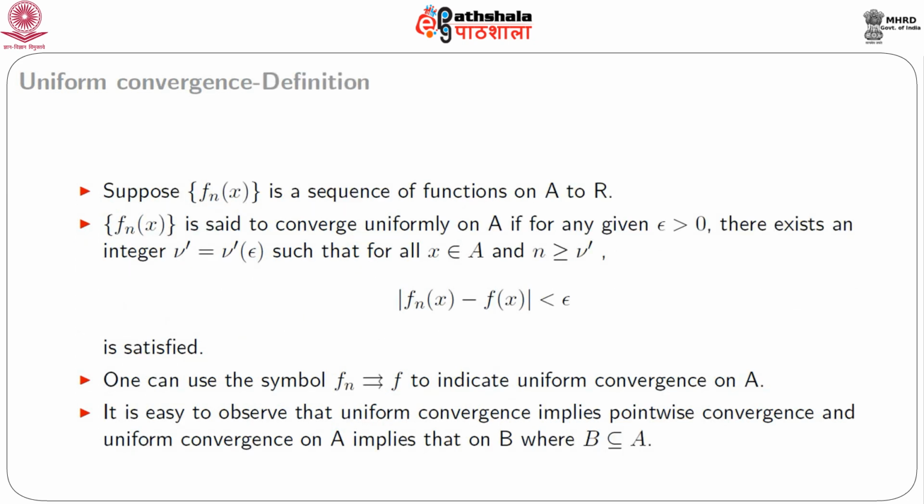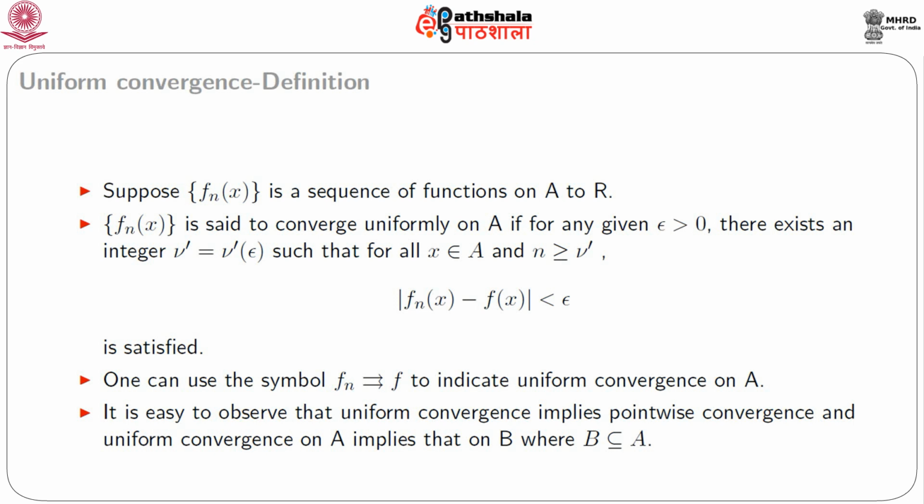So, let us come to our formal definition of uniform convergence. Suppose f_n(x) is a sequence of functions on A to R. f_n(x) is said to converge uniformly on the set A, if for any given ε greater than 0 there exists an integer ν' depending only on ε such that for all x belonging to A and n greater than or equal to ν', the absolute value of f_n(x) minus f(x) is less than ε.